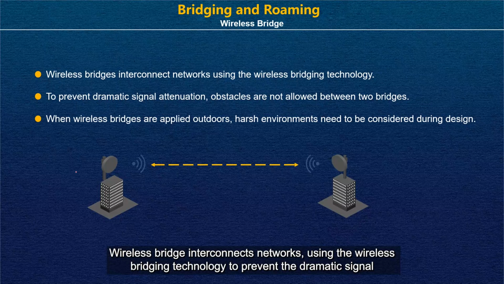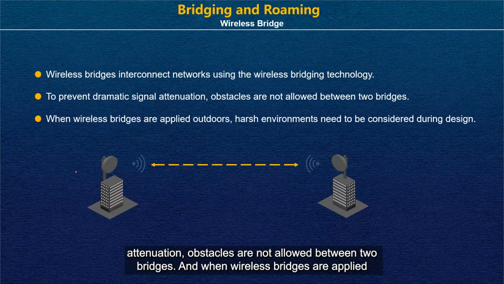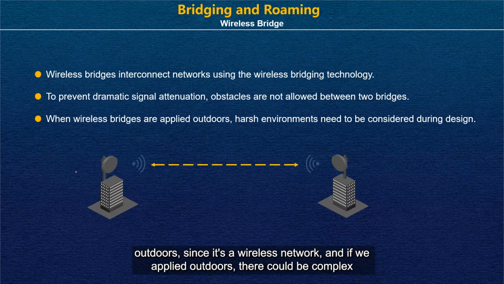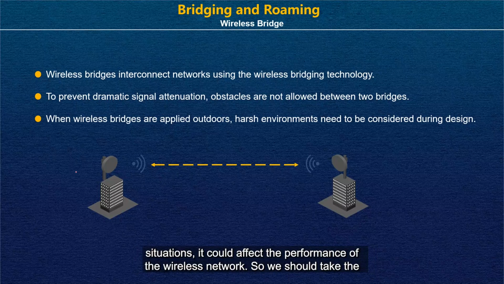To prevent dramatic signal attenuation, obstacles are not allowed between two bridges. And when wireless bridges are applied outdoors, since it's a wireless network, multiple complex situations could affect its performance.